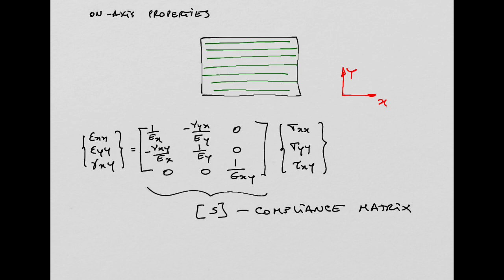If we want to get the stresses from the strains, we need to invert this compliance matrix, and then we end up having the stiffness matrix, which is this matrix. I'm going to put it here now.